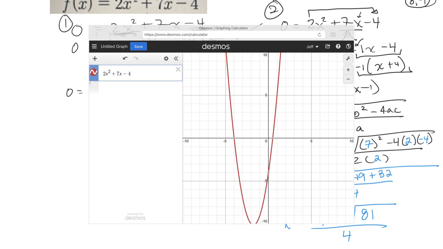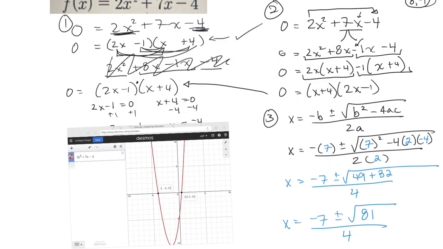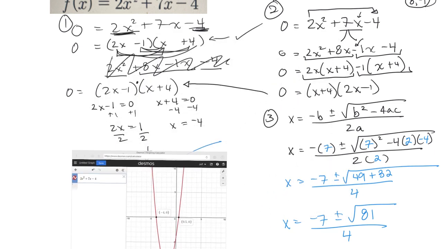And in decimals, I can just tap there. So at negative 4, that'll be one of the solutions. And the other solution will be 0.5, or that's the same as a half. And if you look at the solutions that we got there, they were the same. So a half and negative 4. So there's 4 ways that you can solve for the x-intercepts of that function. Hopefully that helps.